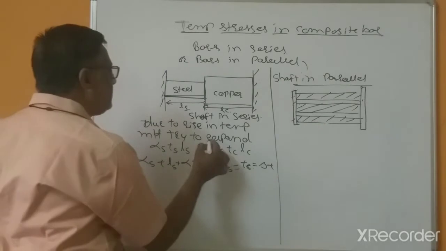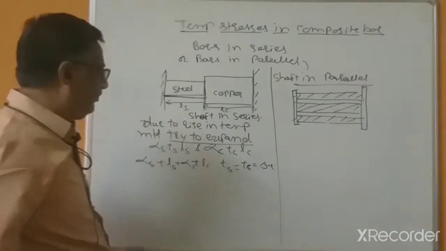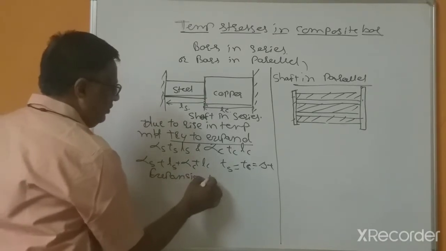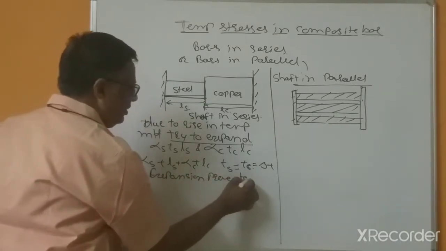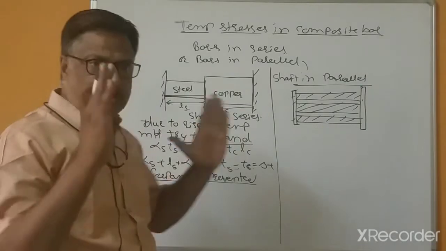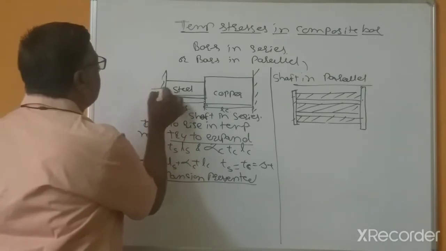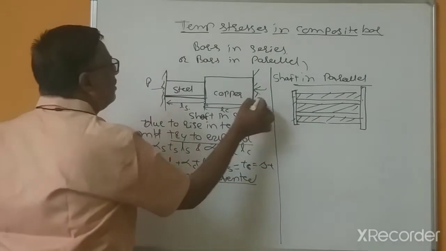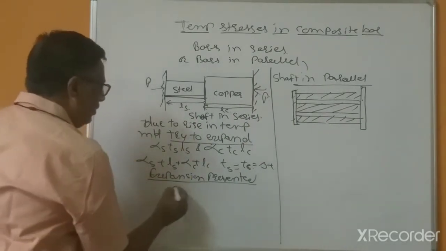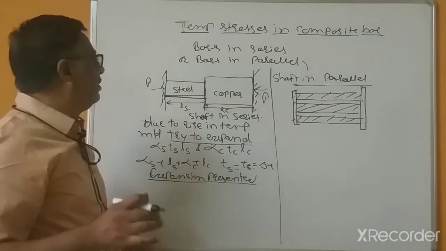So this tries to expand. Because the expansion is prevented, both are fixed, so reactions are produced, and this is compressive stress and this is compressive stress.